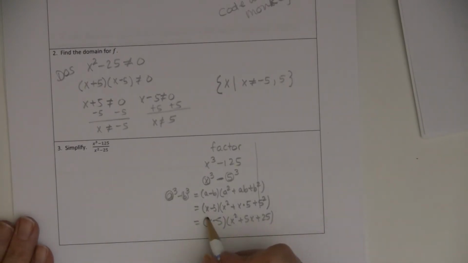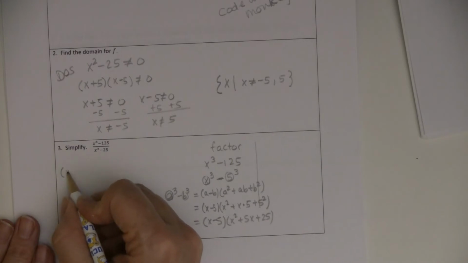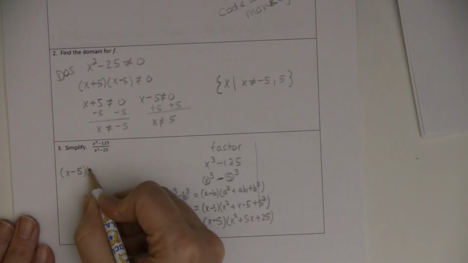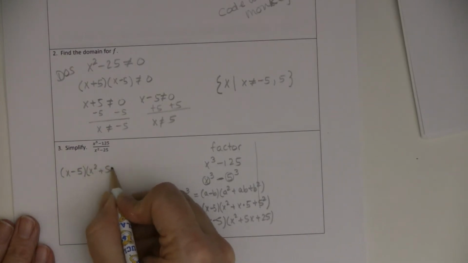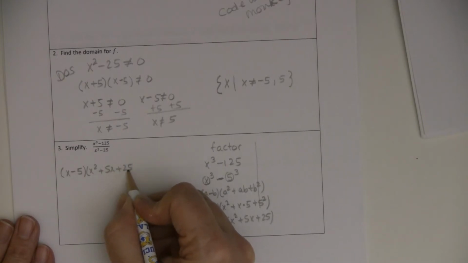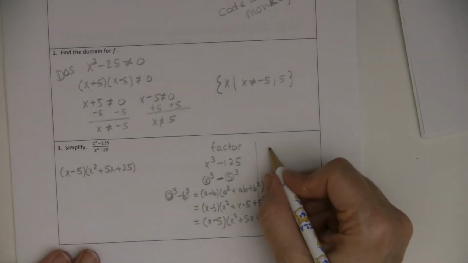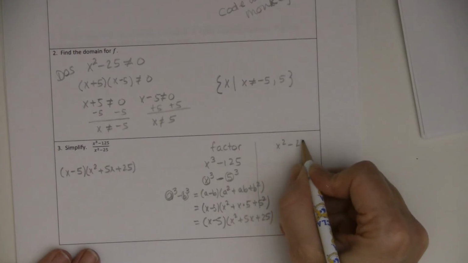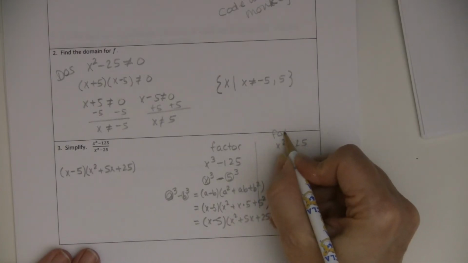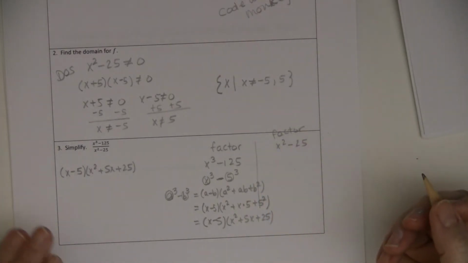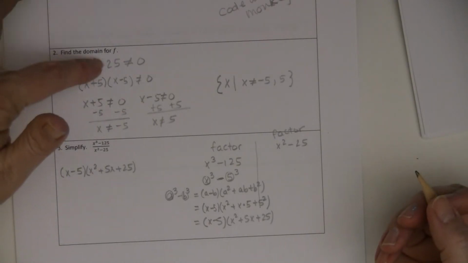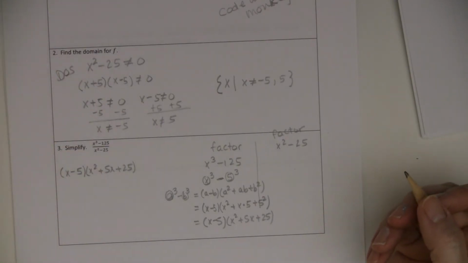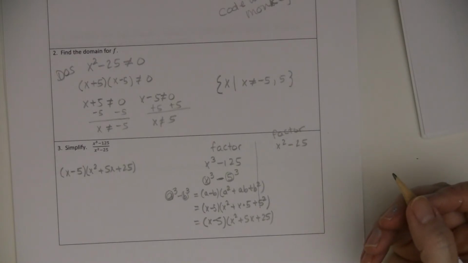Okay, and so this is my numerator: x minus 5 times x squared plus 5x plus 25. Then my denominator is x squared minus 25, and I want to factor it. We have basically the same problem with the three different directions that we were taught about in chapter 7.1.